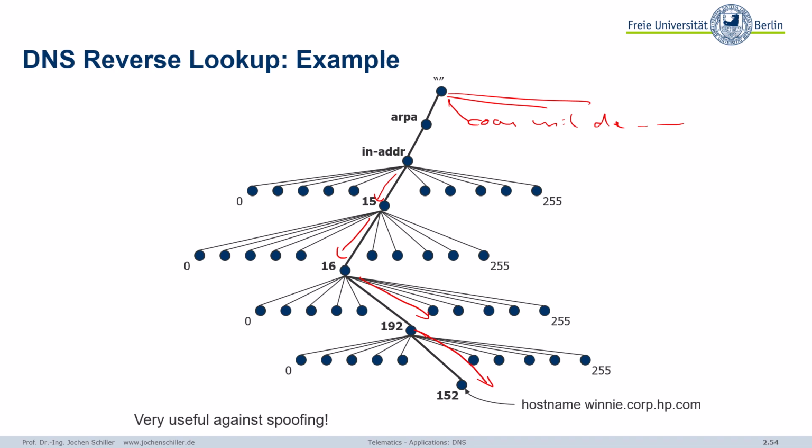If you want to know this, and this is very useful against spoofing, you can check if you receive a data packet that claims to come from a certain computer. With the help of this reverse lookup, you can check if this is really true. There are some conditions, like the database has to be protected and no one did something wrong with the database, etc. I will come back to the security issues later.